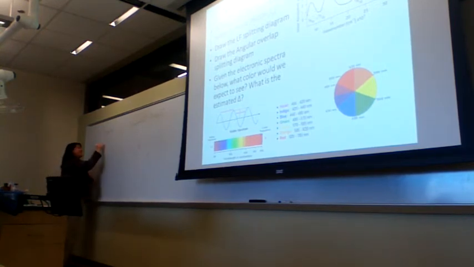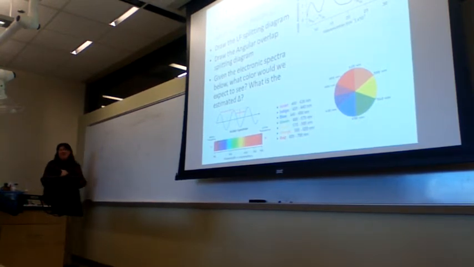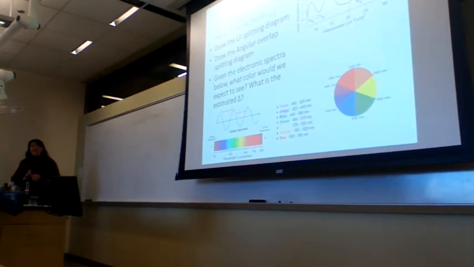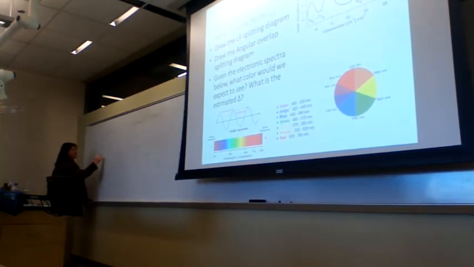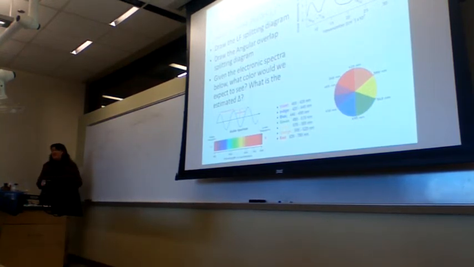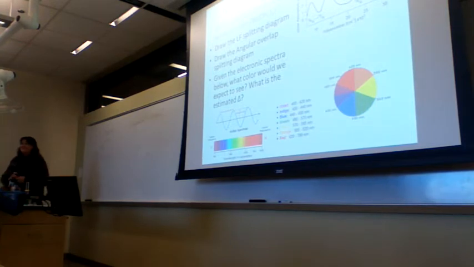Where this one is going up by 3/5 delta and 2/5 delta down. How many electrons do we have in this complex? 8. So is it high spin or low spin? No, the 8 only has one way to come in.